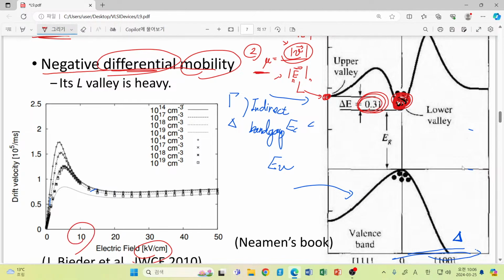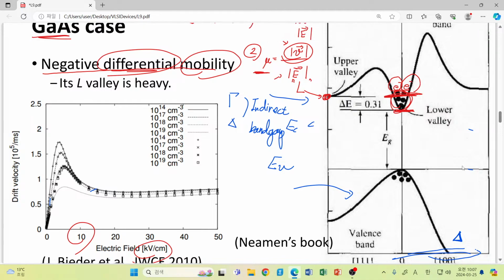Then what will happen? If we apply a high electric field, then our electrons are getting heated up. So now we can see that some electrons get sufficiently high energy. Once their energy is beyond 0.31 electron volt measured from this minimum value, then for these electrons, both gamma valley and L valley are accessible.